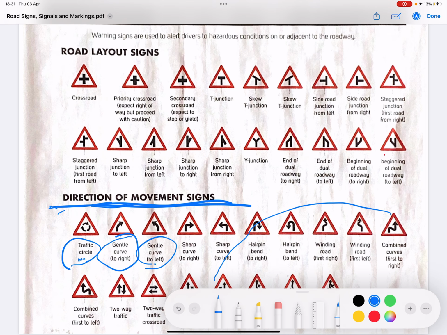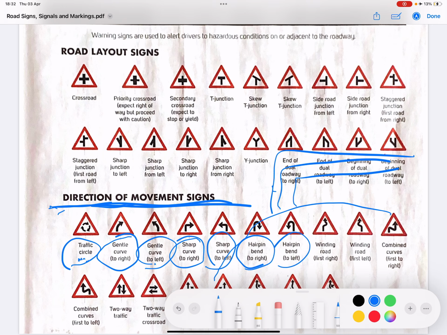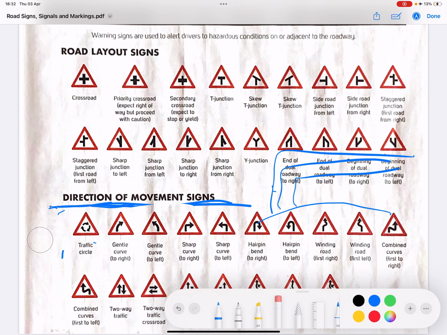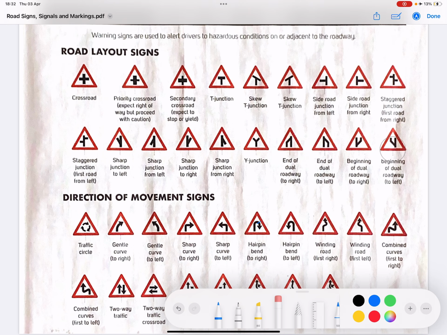Gentle curve to the left, sharp curve to the right. It's a sharp curve. You'll just turn sharply. Okay? Sharp curve to the left, hairpin bend to the right, hairpin bend to the left, winding road, combined curves, ganjalo. All right. So these are the direction of movement.